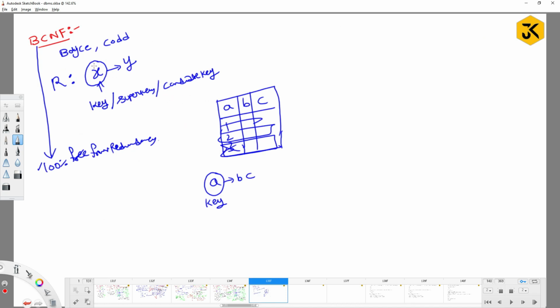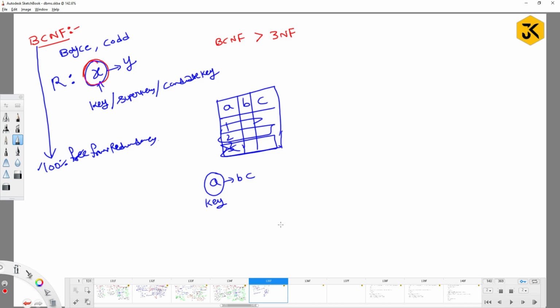It should definitely be a super key or a primary key or a candidate key. Meaning that BCNF is stricter than 3NF, because 3NF has a chance that the left side may not be a candidate key, only the right side may be a prime attribute. That is also eliminated in BCNF.